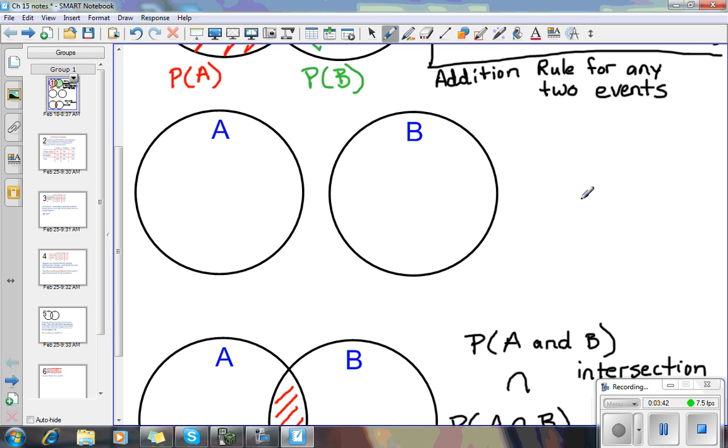Now we do have a special case, which this illustrates. Notice these don't overlap. So these are called disjoint, or sometimes we use the term mutually exclusive.